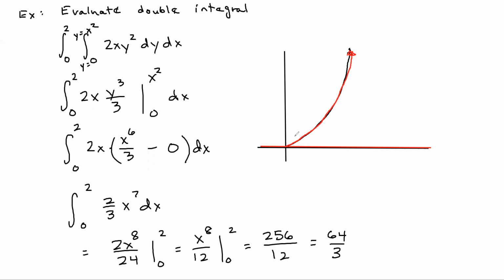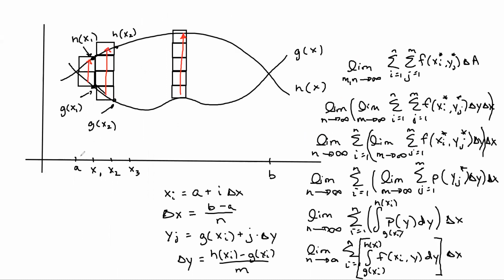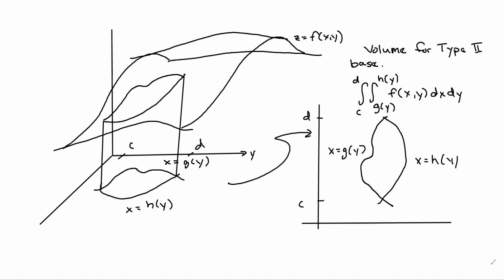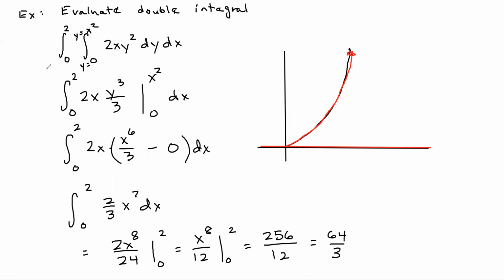Now, how do you figure out where to start and stop counting? Well, if you go back, where did we start and stop? A, B. Where did those end up in the integral? A, B. So what we want to do is use those to figure out where to start and stop.